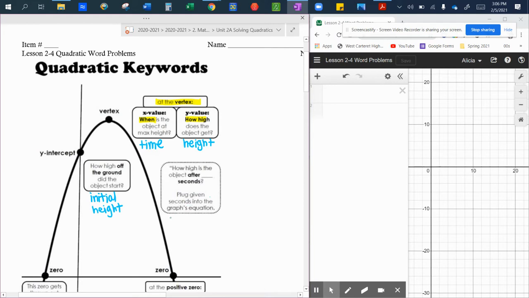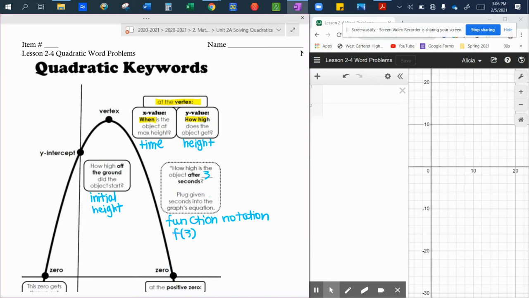So we're going to use function notation. So let's say if it wanted to know 3, I would find f of 3 and replace 3 in my equation and solve.